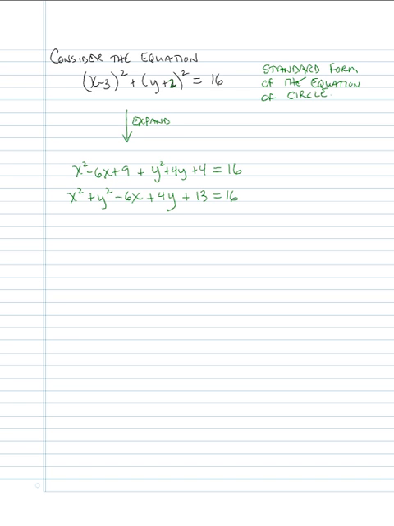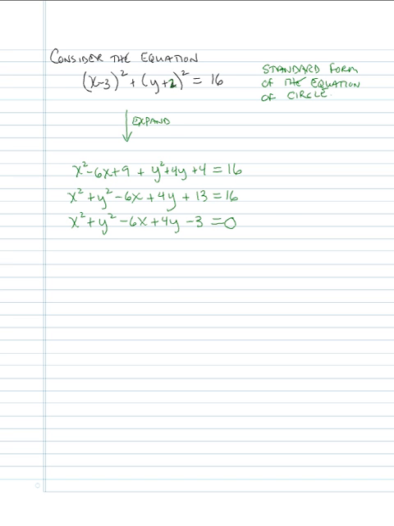Now we're going to get 0 on the right side by subtracting 16 on both sides. So we'll have x squared plus y squared minus 6x plus 4y, and 13 minus 16 is negative 3 equals 0. Now, this is the same equation, just rearranged.